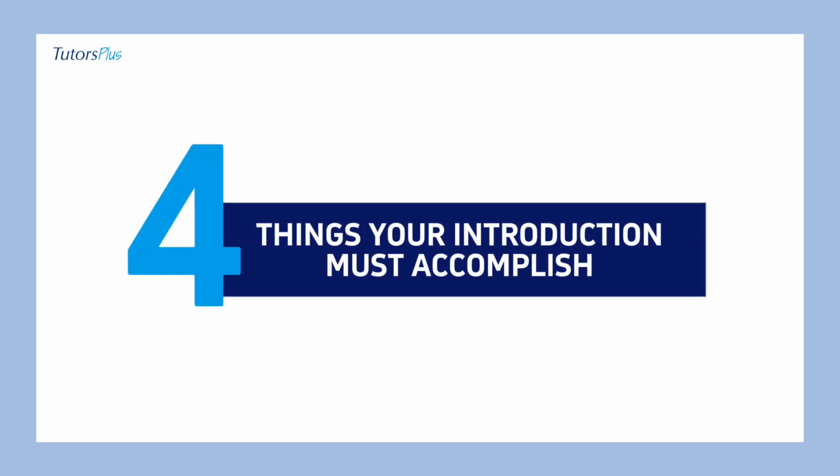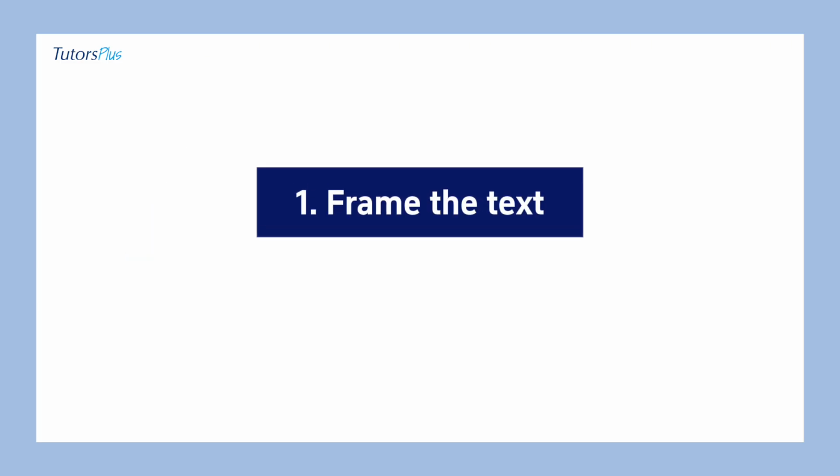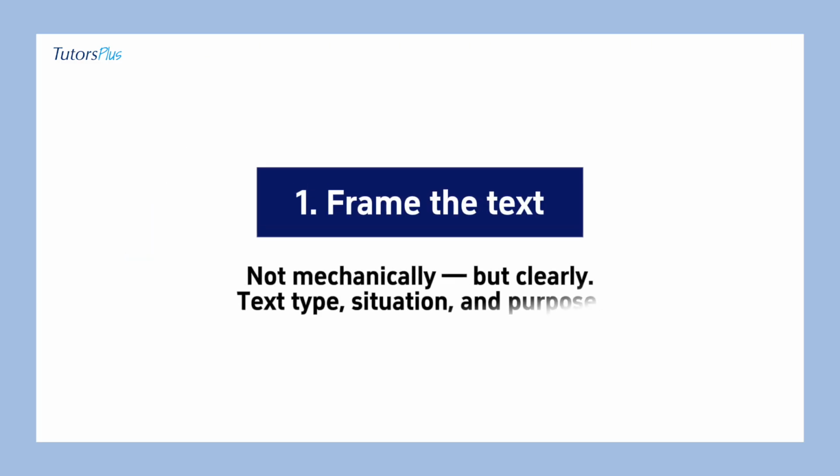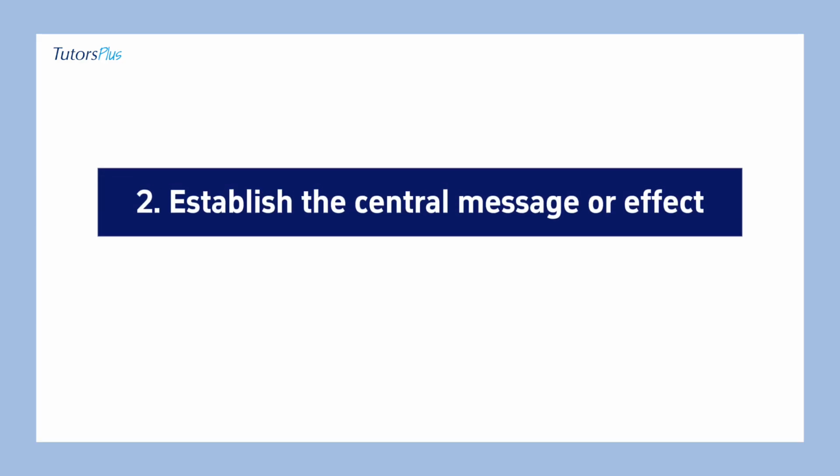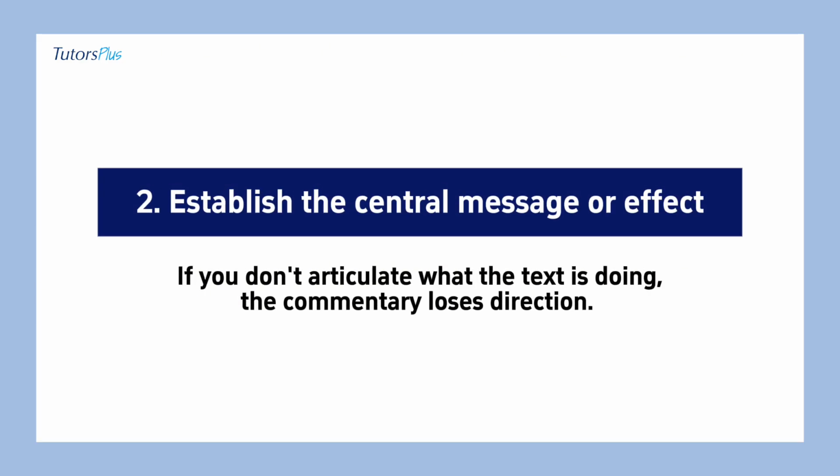There are 4 things that your introduction must accomplish. And they're not a checklist, but a natural progression. Firstly, frame the text. Not mechanically, but clearly. By this, I mean text type, situation, purpose, and so on. You need to establish the central message or effect. If you don't articulate what the text is doing, the commentary will lose direction.